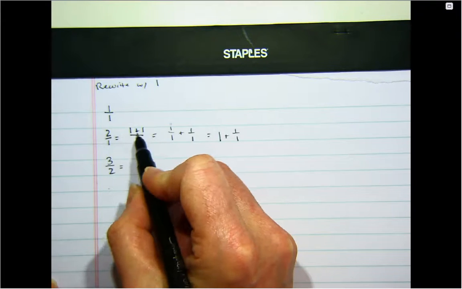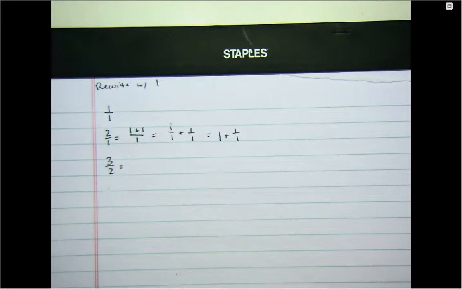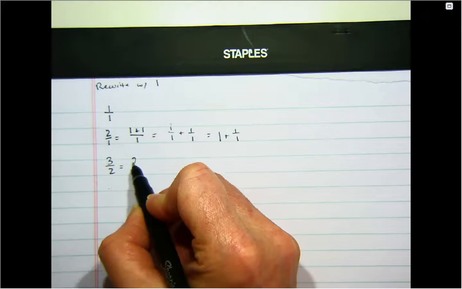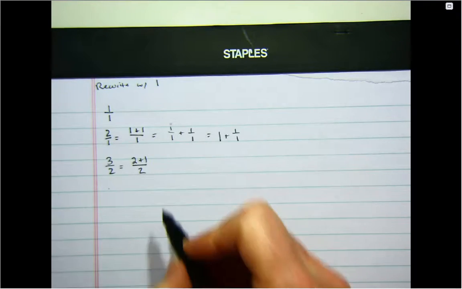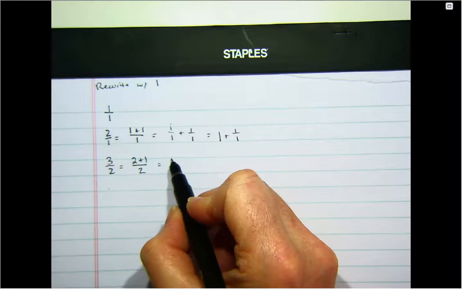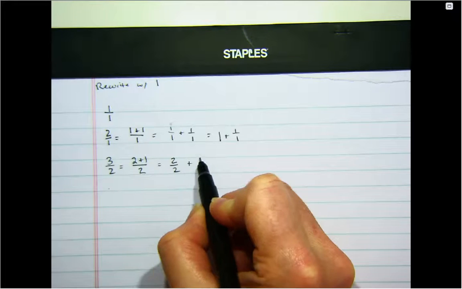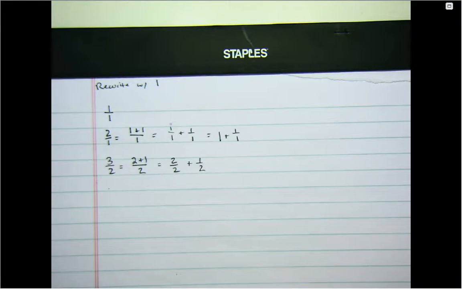And the 3 I'm going to break up like I did the previous ratio. So I'm going to write the 3 as 2 plus 1. So the 3 is 2 plus 1, and then I can make a fraction 2 over 2 plus 1 over 2. So when you have fractions like this, if you want, you can split it up.